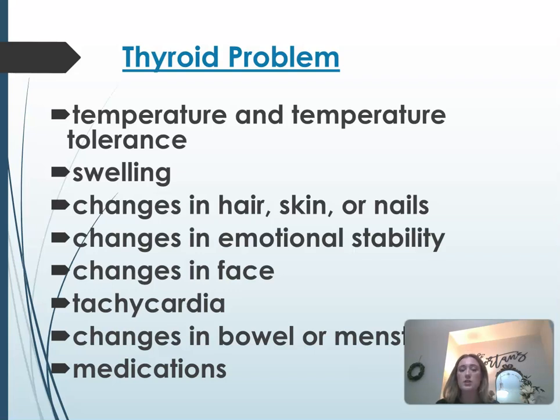This is not just a preference, like I prefer it to be 70 degrees in my house. This is like they cannot tolerate the hot or the cold. They could have swelling, changes in their hair, skin, or nails, changes in their emotions, changes in their face. They could have increased heart rate, changes in bowel or menstrual flow, and they may be on certain medications to help with this.